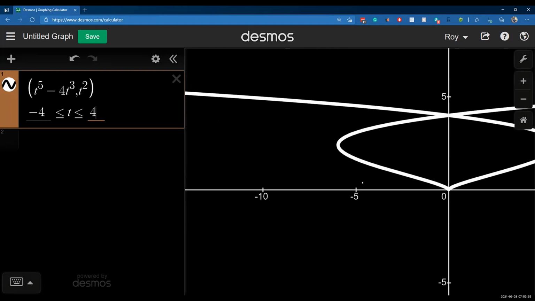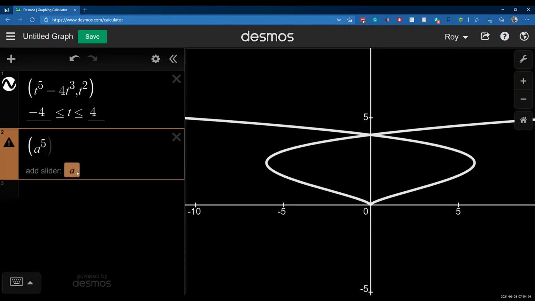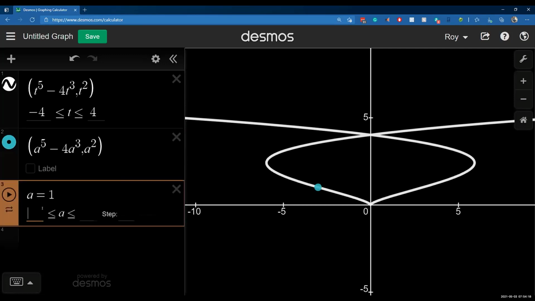This is that parametric curve from time equals -4 to time equals +4. Let me just graph a to the fifth minus 4a to the third. It knows that a is not a typical variable like t is, and so it's going to allow me to add a slider so I can see a point on this and I can track its progress. It's a very nice way to just see which way is my curve going and all that fun stuff.